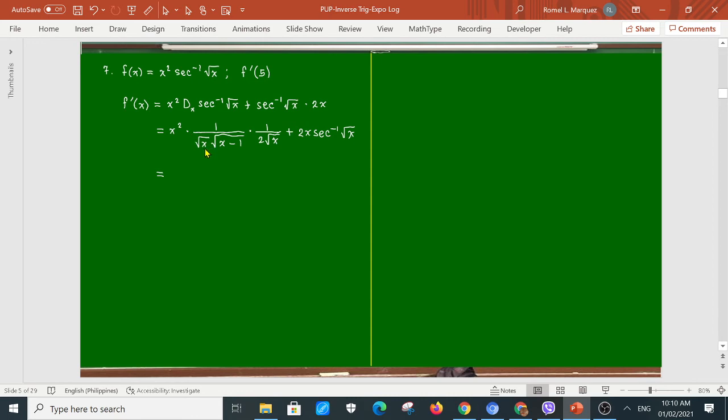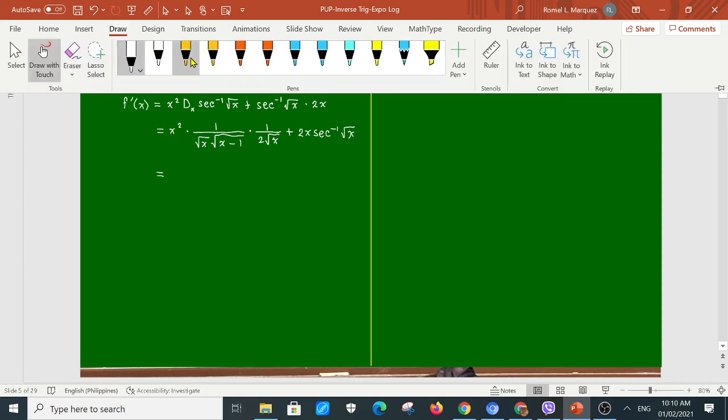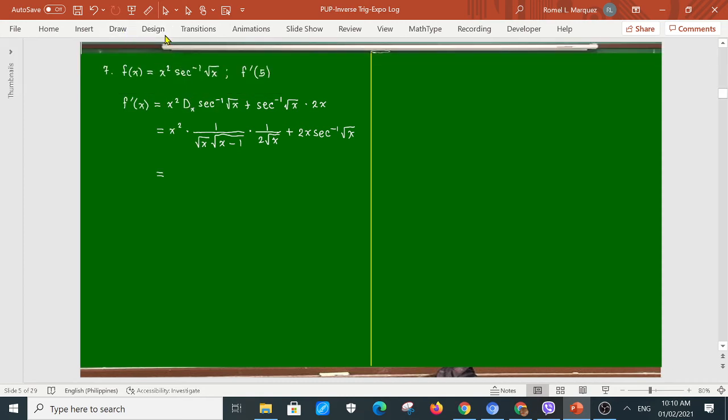So, this radical is square root times square root, that is x. So, it is cancelled out with 1x here, that is cancelled with x squared, no? So, there is a remaining x. Okay, guys? So, this is minus 1. And then cancel with the radical.